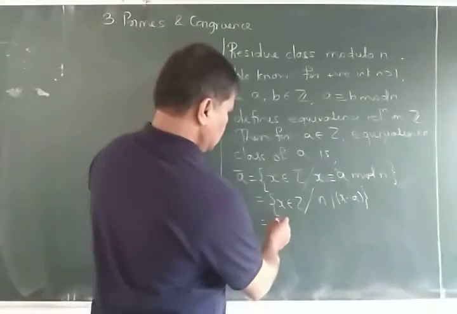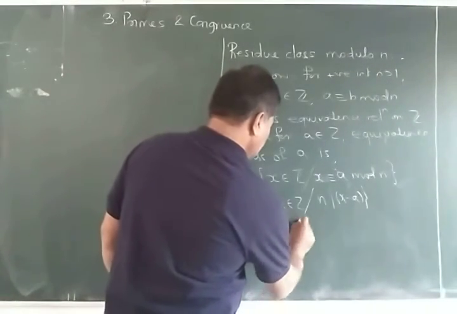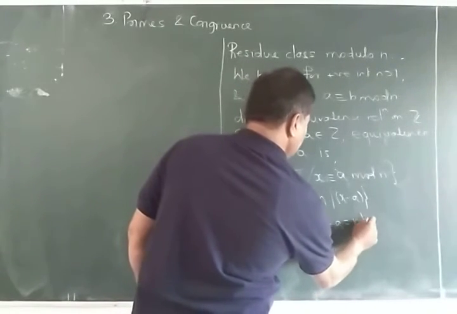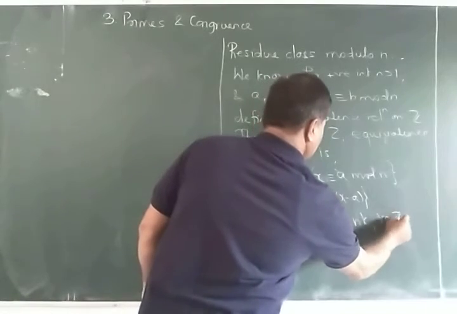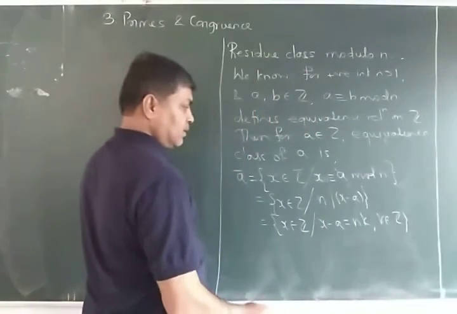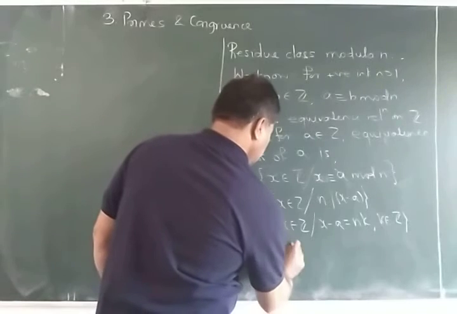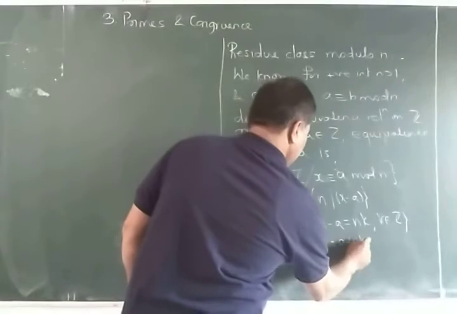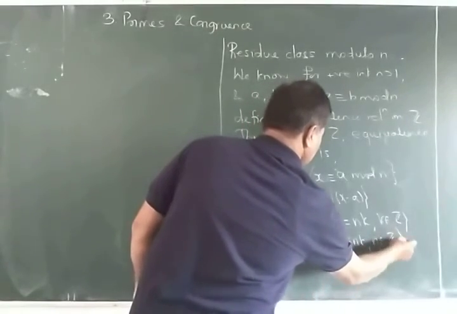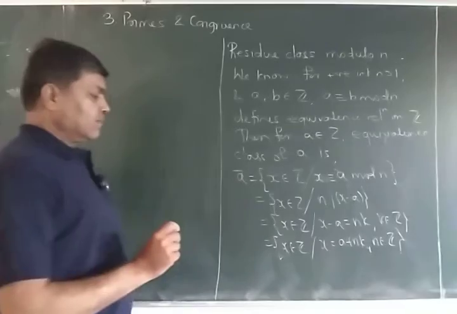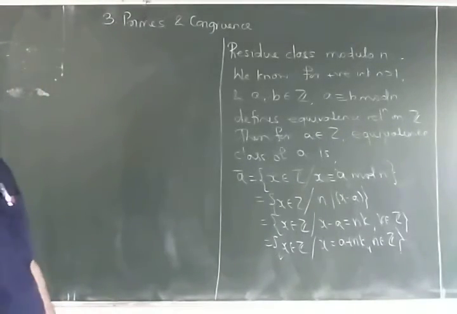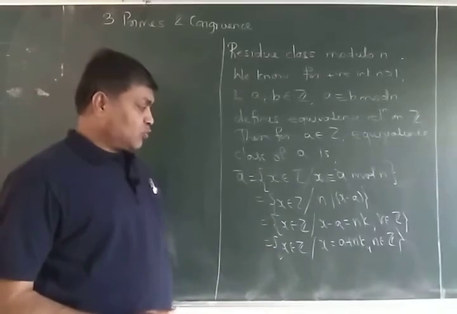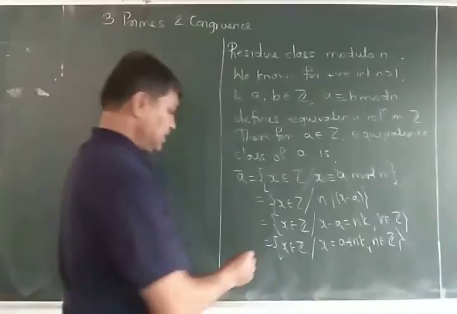So, it is the set of those integers x belonging to Z such that x minus a is a multiple of n, that is, a multiple n k where k belongs to Z. And then it is nothing but the set of x belonging to Z such that x is equal to a plus n k, where k belongs to Z. Is it right?